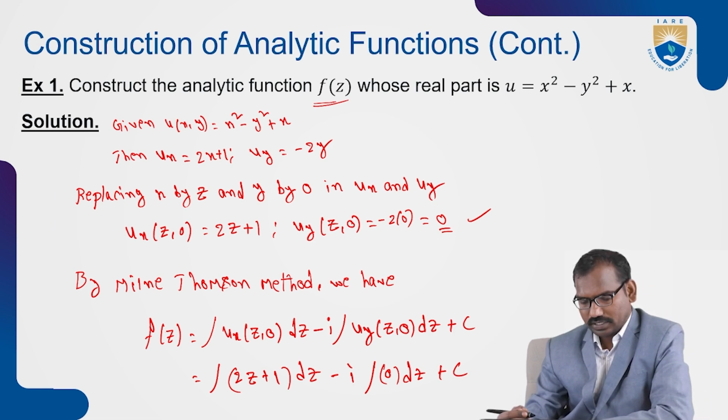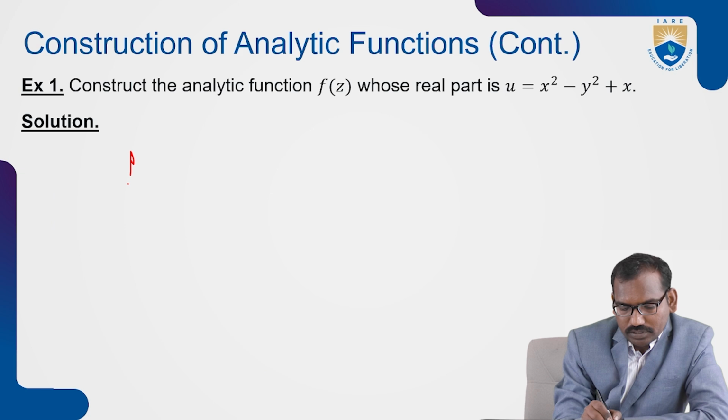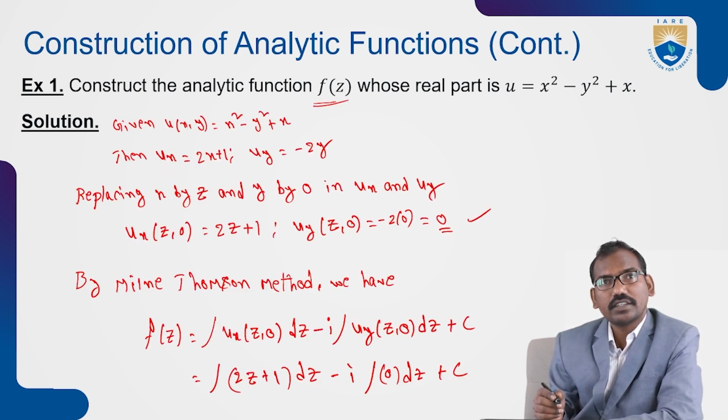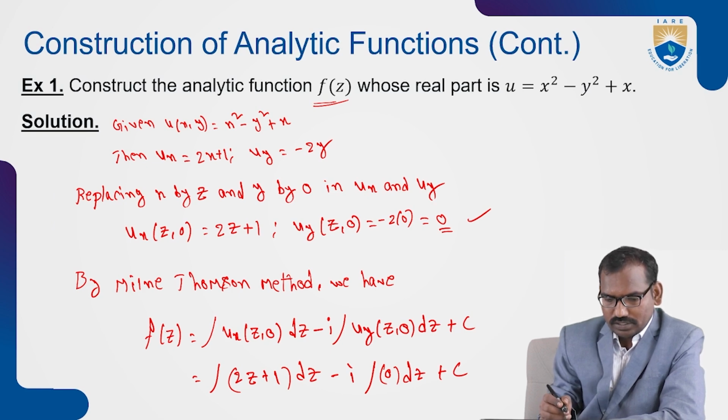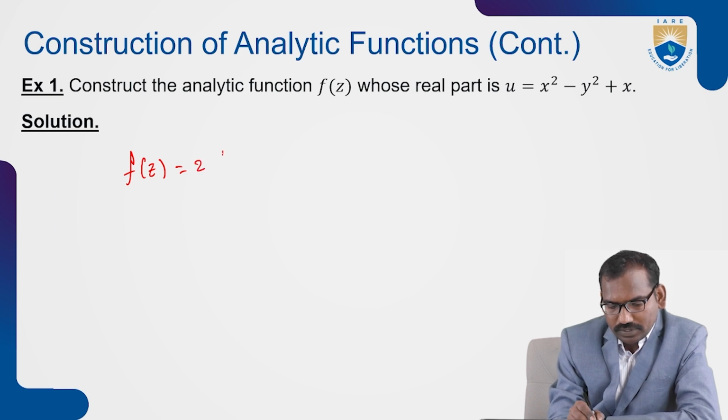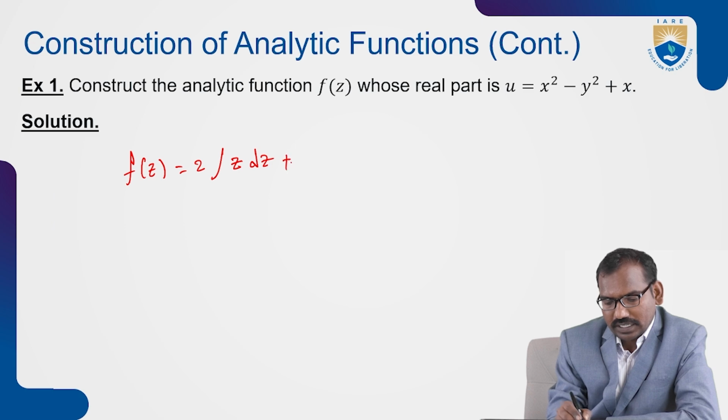Right, now we'll see how I'm going to write. So f of z is the integration of 2z dz plus the integral of dz, minus i times 0, plus c.